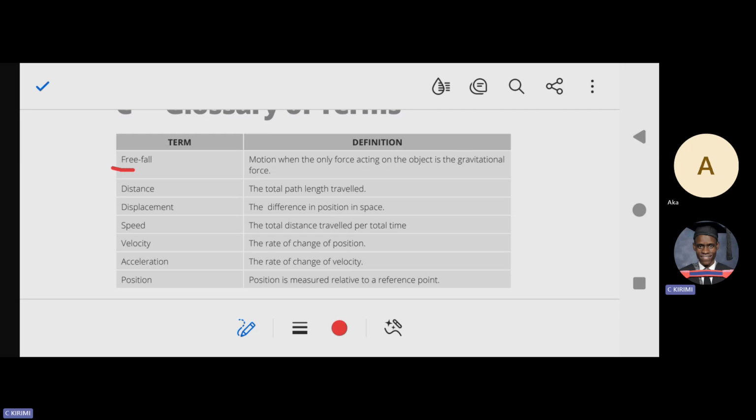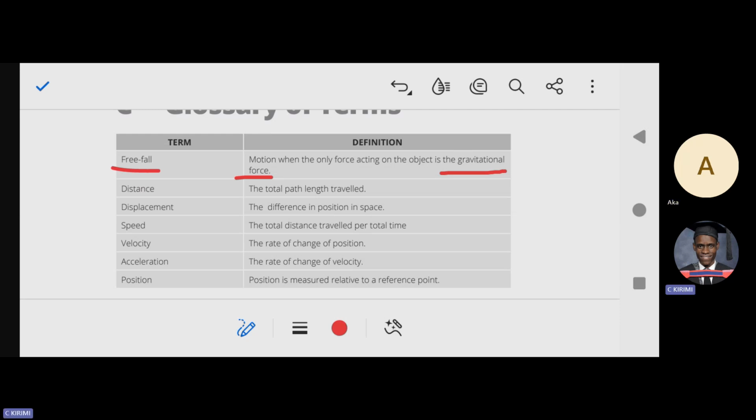So free fall: when they say an object is in free fall, it means that the only force on the object is the gravitational force. Free fall is when the gravitational force is the only force acting on the object.